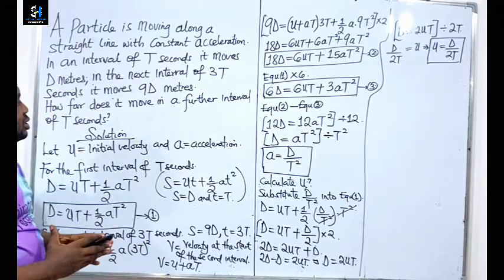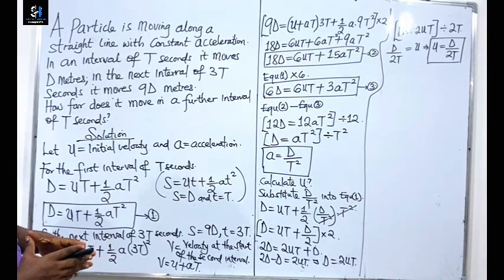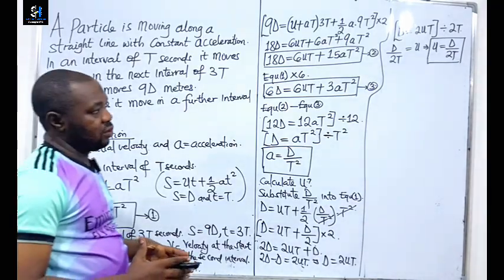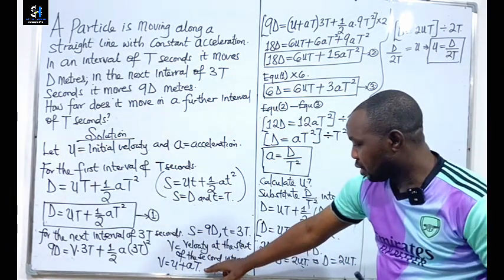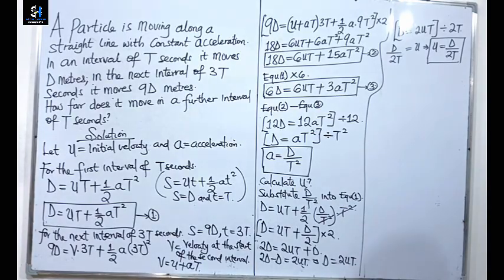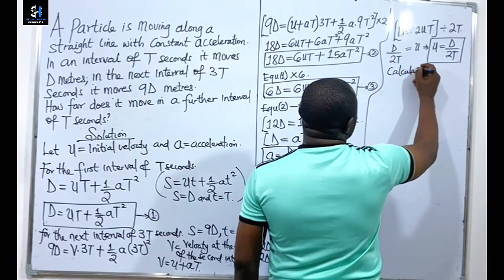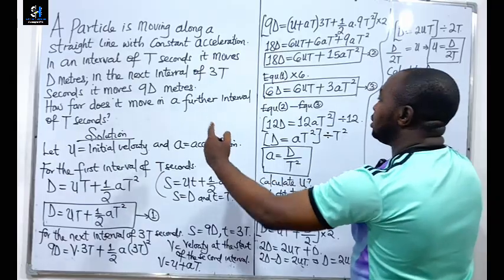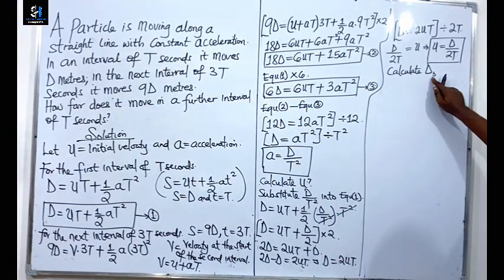So now our task is to calculate how far the particle moves in a further interval of t seconds. What I'll do first, the same way I did here, is write the expression for the velocity at the start of the third interval. That means I want to calculate the distance in the next interval, so let's represent that as d3.